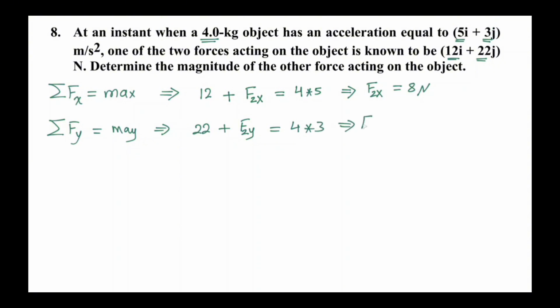So F2y equal to minus 10 newtons. So F2 as a vector is equal to 8i minus 10j.